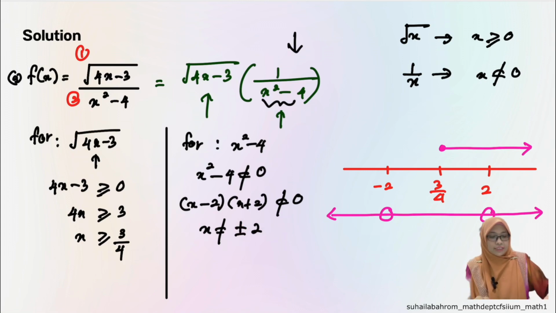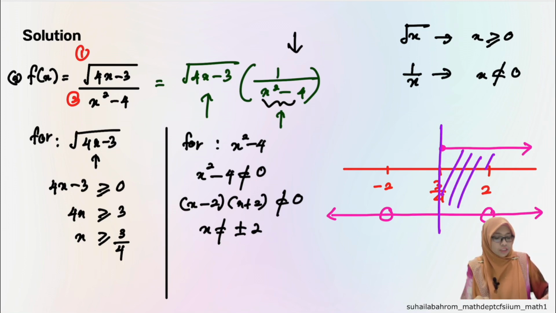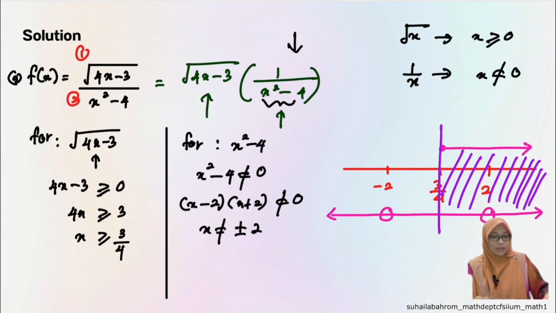Therefore, the final answer is the intersection of these two lines. The lines intersect on this side, right? So the final domain of this function starts from 3 over 4. This one is a dot, this one also a dot. When it is just a line, it means it is included, or a dot. Therefore, the lowest value for your x is 3 over 4.